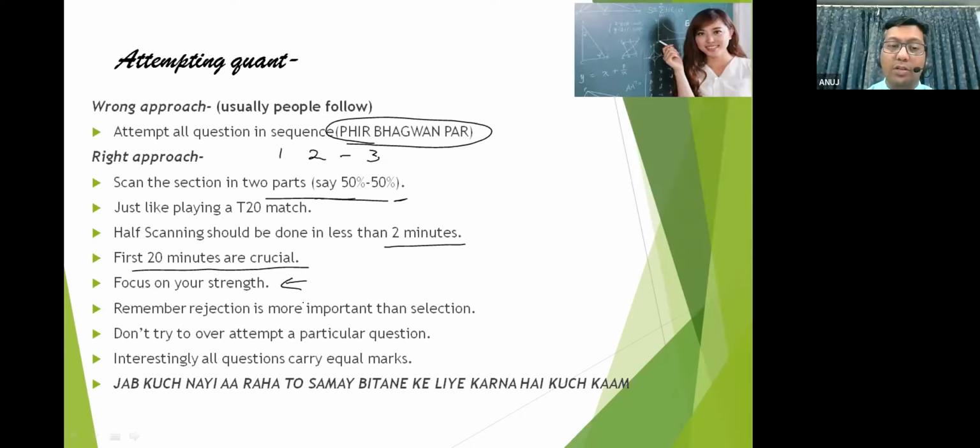And more importantly, please remember that rejection is always going to be stronger as compared to selection. There is no shame when you look at a particular question and feel that I don't know how to solve it. There is no shame in leaving that question in the examination or in the AIMCAT.